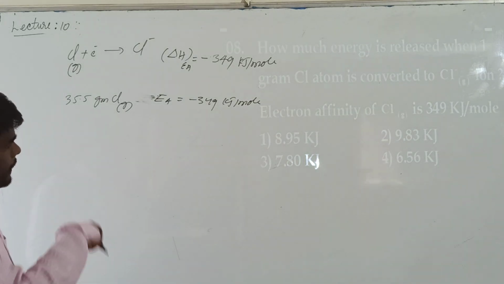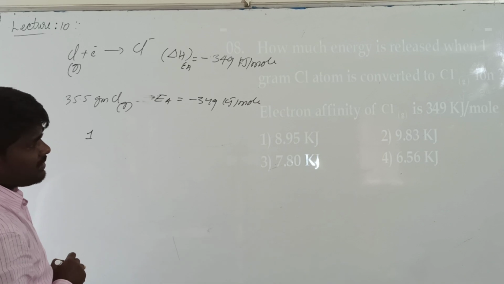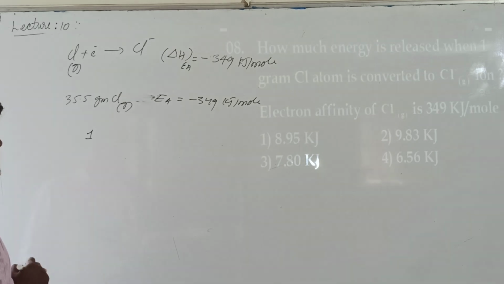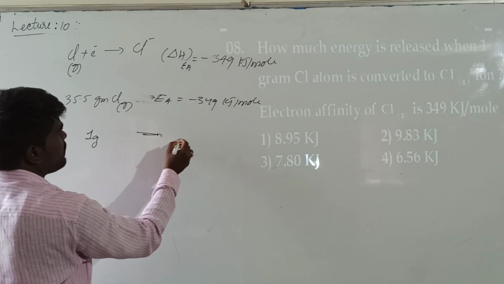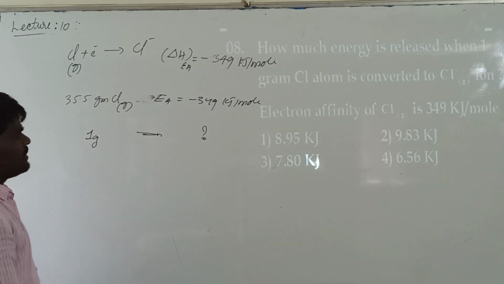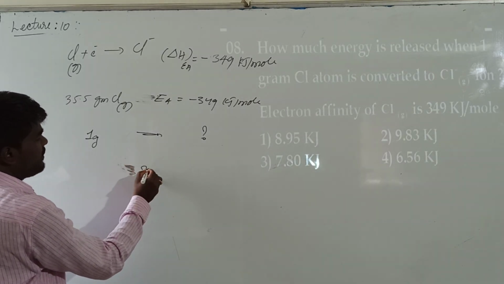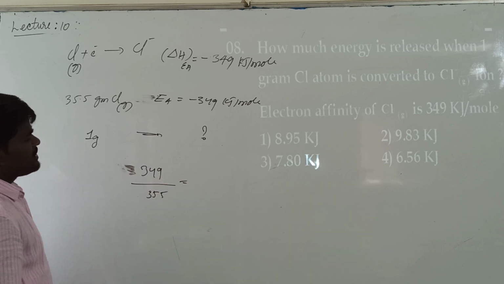Now, here he is asking for 1 gram. Isn't it? Yes, 1 gram is being asked. For 1 gram, how much is required? This is cross multiplication. 349 by 35.5.